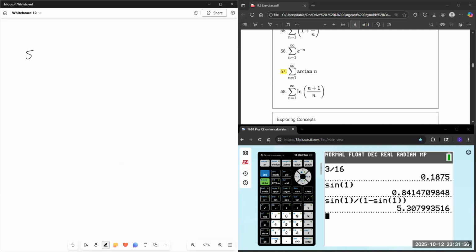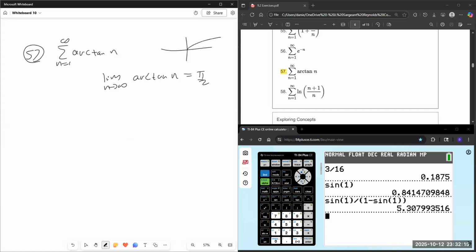Let's look at 57, which is n equals 1 to infinity of arc tangent of n. Let's do the nth term test here. And that's going to be equal to pi over 2.